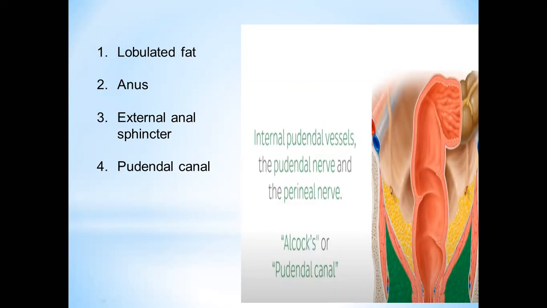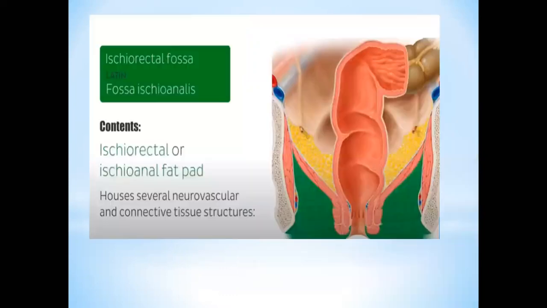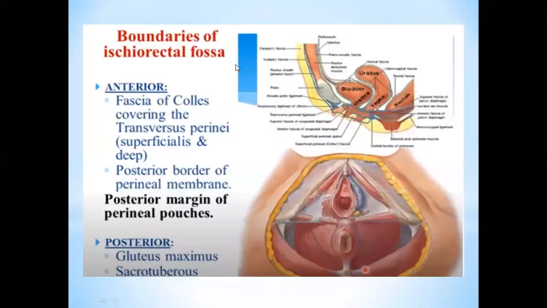Can anyone just repeat for me quickly the boundaries of the ischiorectal fossa? Yes, Rubina, please go ahead. Ma'am, ischiorectal fossa is bounded medially by the anal canal and external anal sphincter, and laterally by the ischial tuberosity, obturator membrane, and obturator internus muscle.